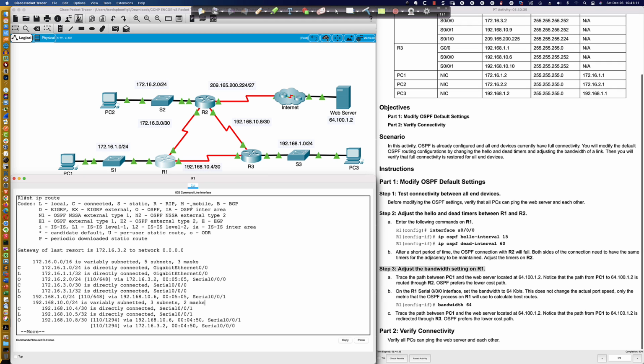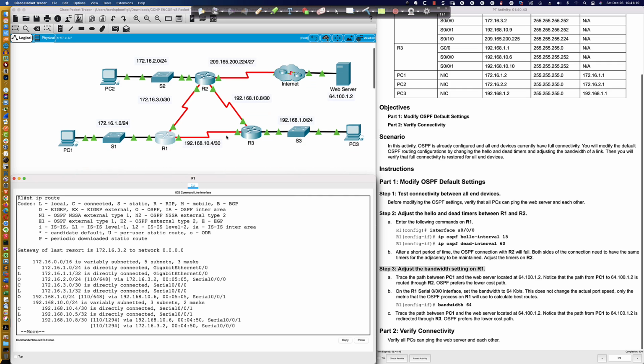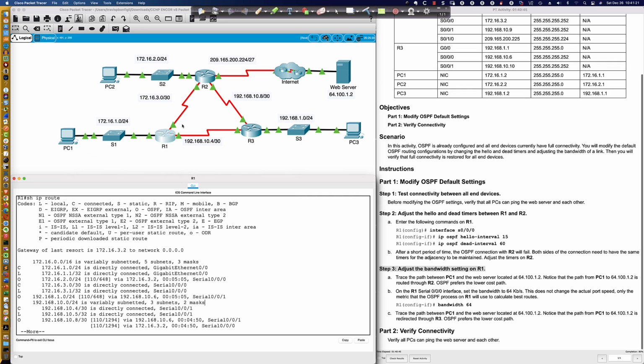But what if your manager comes to you and says, hey, I know that we've got full T1s here, right? And I'll just say T1 for 1.544 megabits per second. We've got full T1s between all these routers, but I don't want traffic going over this link. But we're running EIGRP, we're running quality of service. You can't manipulate it with bandwidth because that's going to screw all that up too.